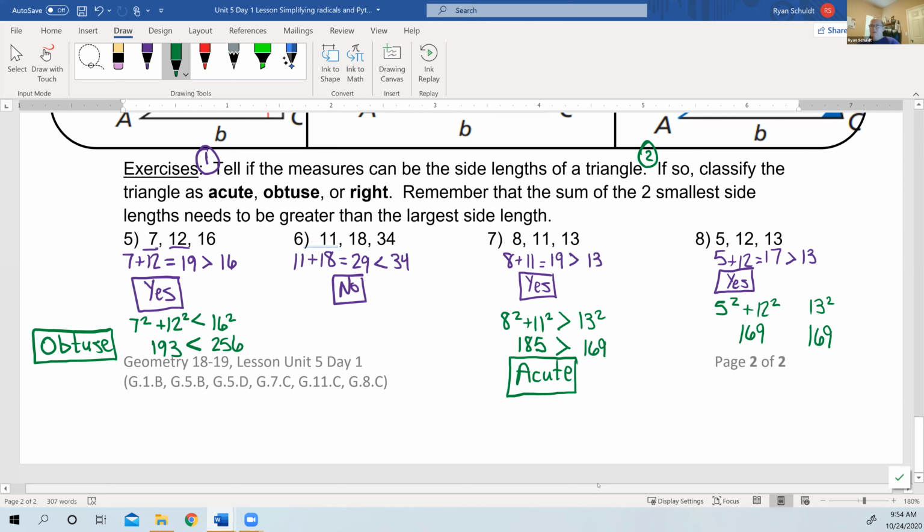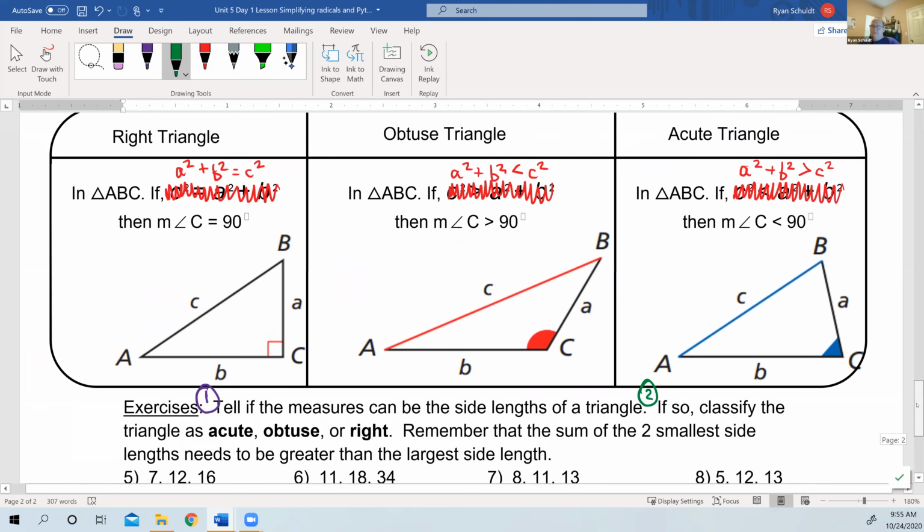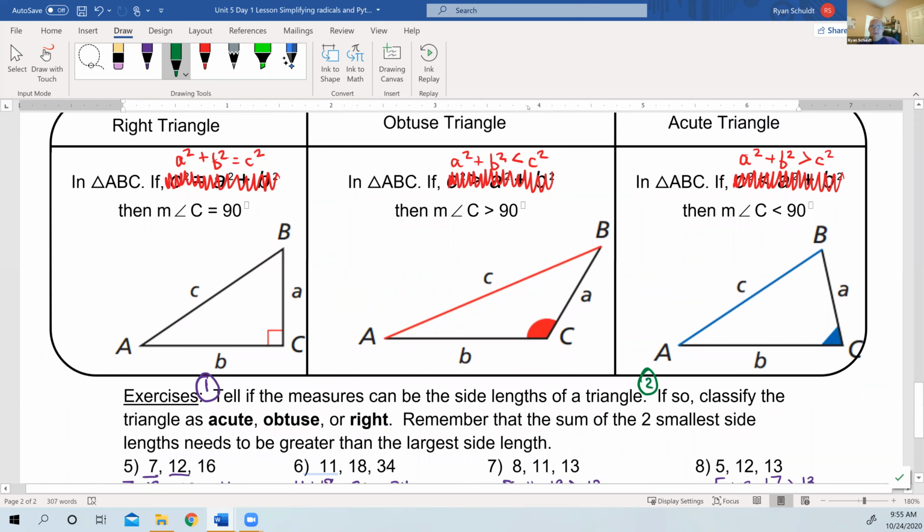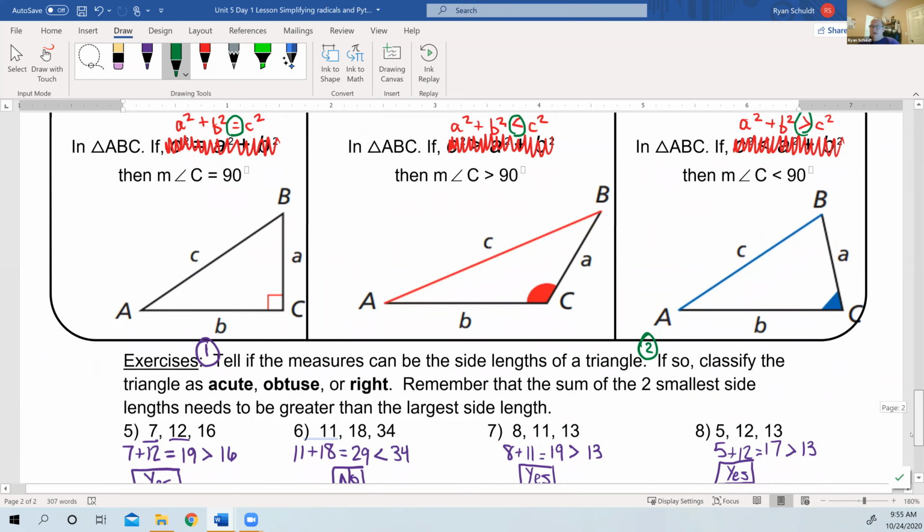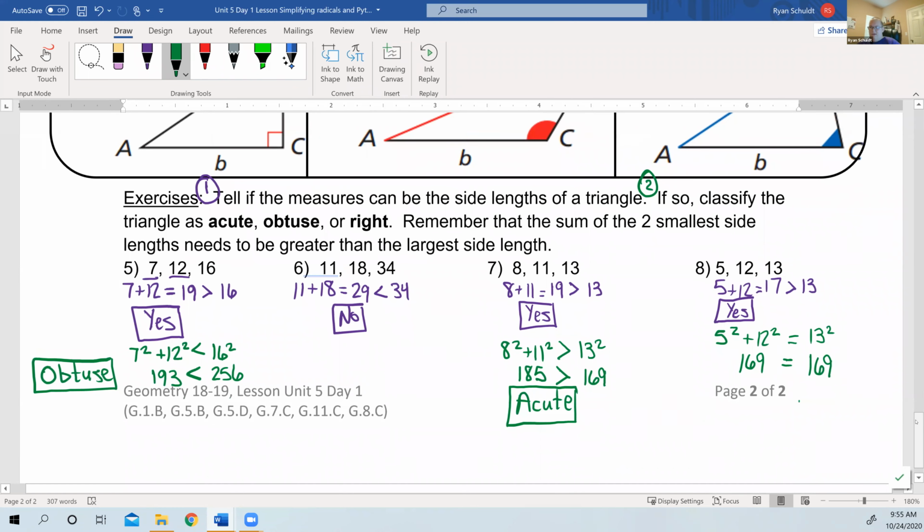So how do these two numbers compare? They're equal. So which one says they're equal? And again, the key here that we want to look at are the signs right here. Which one says they're equal? The right triangle. So this one is right.